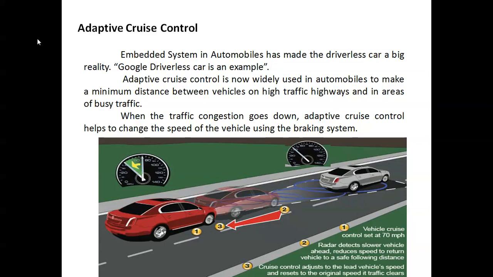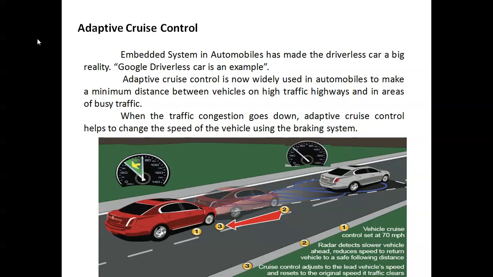Adaptive cruise control. This one is adaptive cruise control. It controls the speed of the vehicle. If a vehicle is going in front of another vehicle, it will calculate how much speed the front vehicle is going.